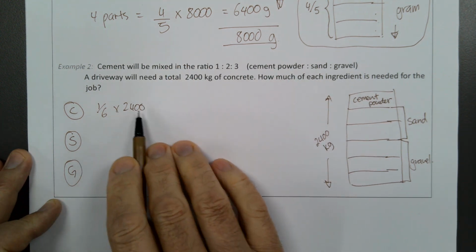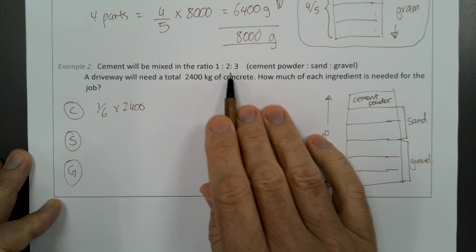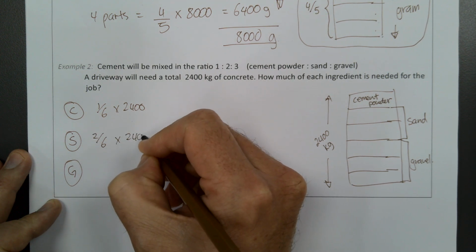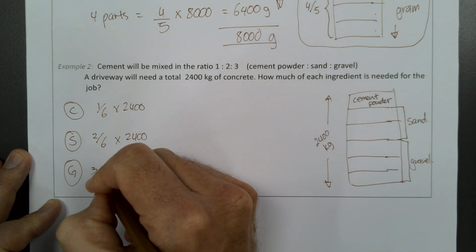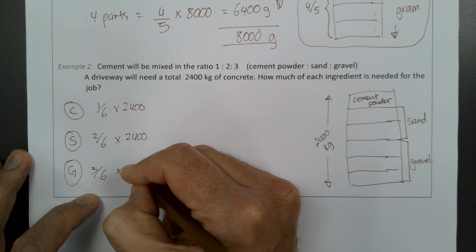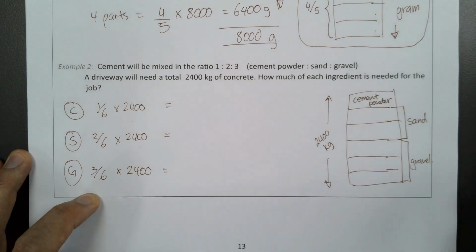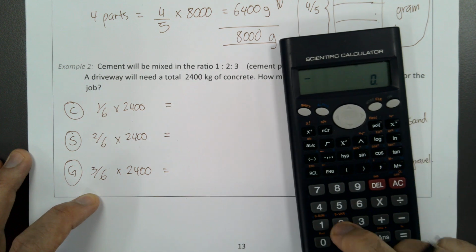Before I get the calculator, I'm going to do all of this here. My sand is 2 parts out of 6, so 2 over 6 times 2,400. And the gravel is 3 parts, which you can say is going to be half of it, but anyway, let's just go through the process. What have I got? 1 times 2,400 divided by 6.